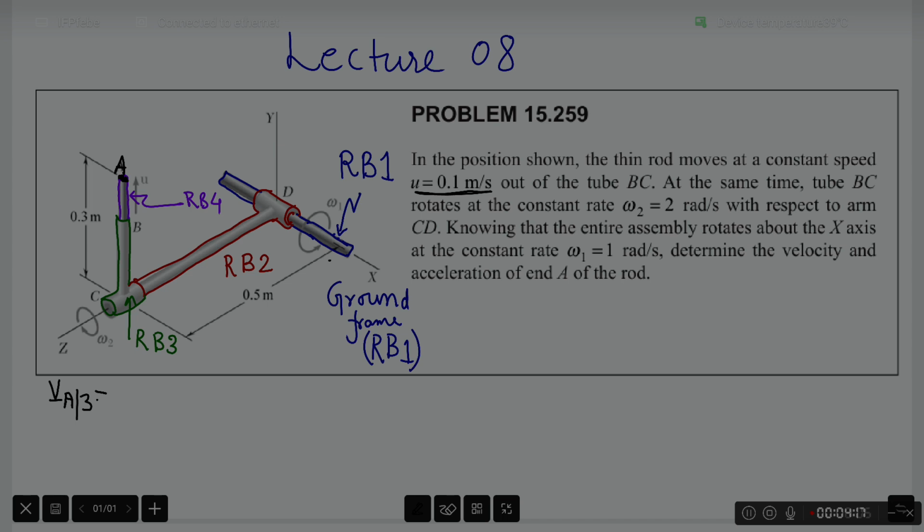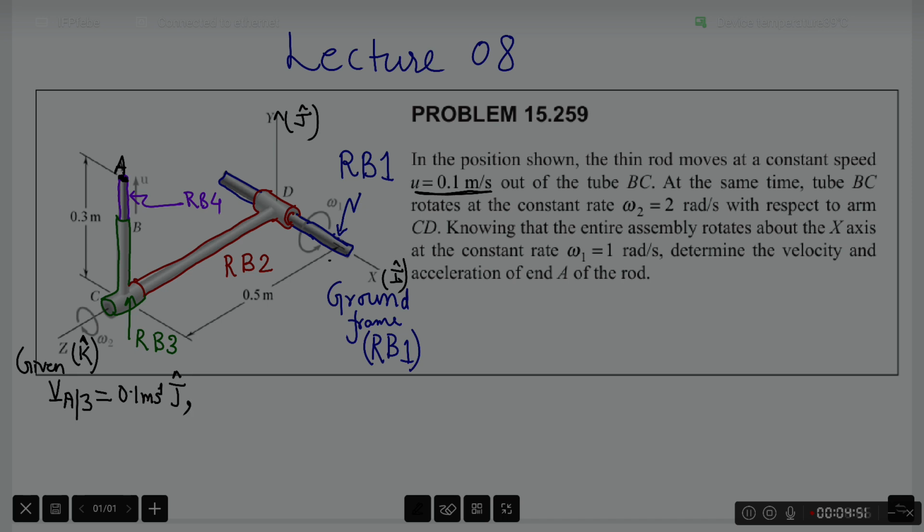So VA3 is given to be 0.1 meters per second, and its direction is at this current instant along the j hat unit vector. So j hat is this direction, i hat is along x, and we will mark the direction along the z axis as the k unit vector.